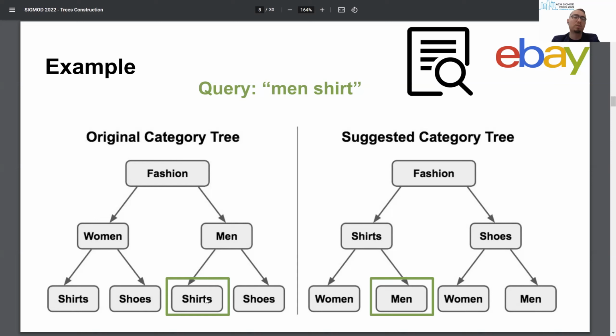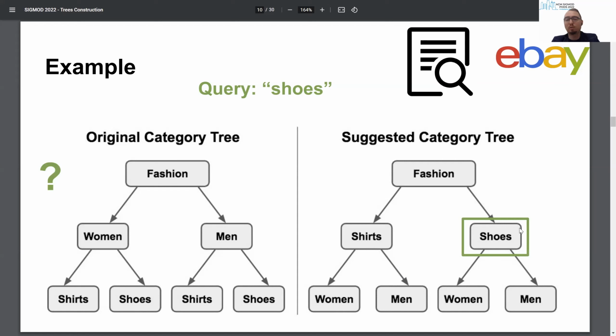In the suggested tree, you can go to fashion, shirts, and then men. It will contain mostly the same set of products. But if you have the query shoes, in the suggested tree you have a good category for shoes under fashion. In the original tree, since fashion is divided into men and women fashion, you don't have one specific category that contains both men's shoes and women's shoes.